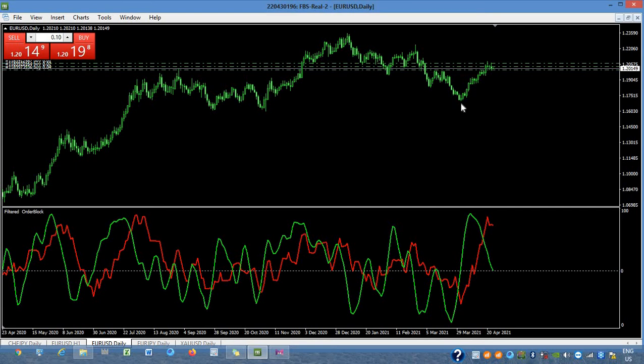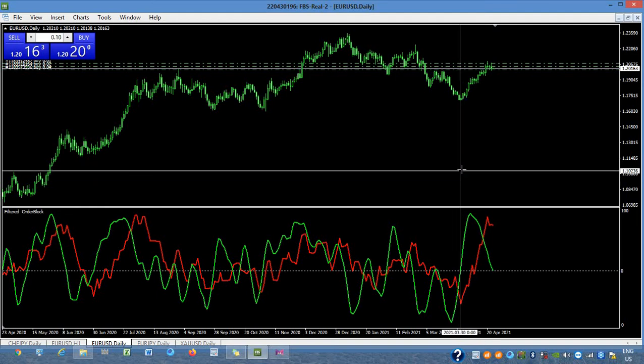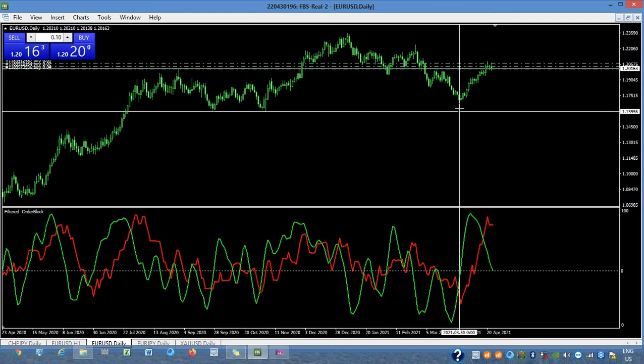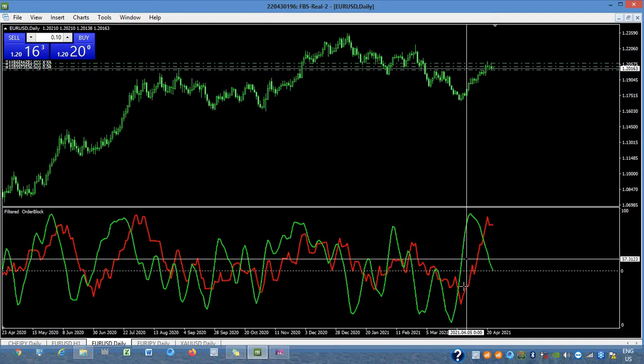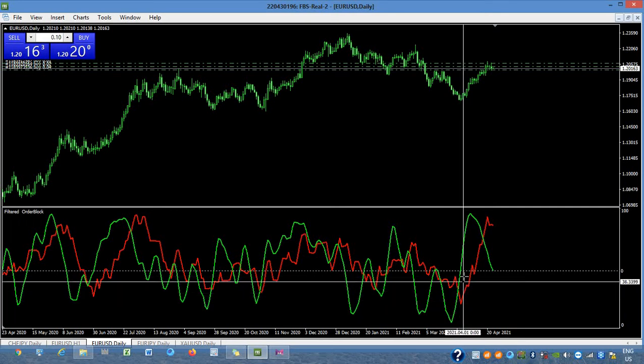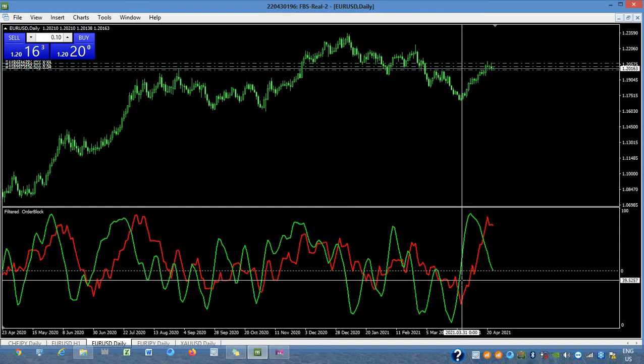Since March 31 the trend is bullish, and then if you check our filtered order block indicator, as you see here, you will notice that before the market changes its direction, the order block reminds you in advance that the trend will change.